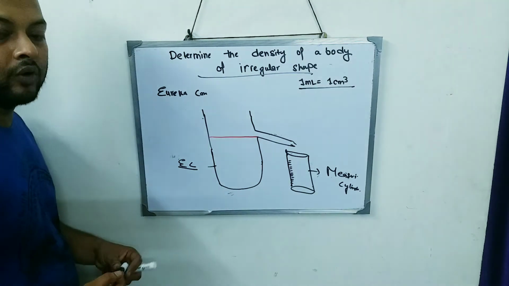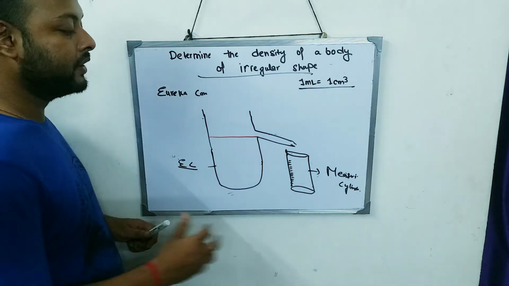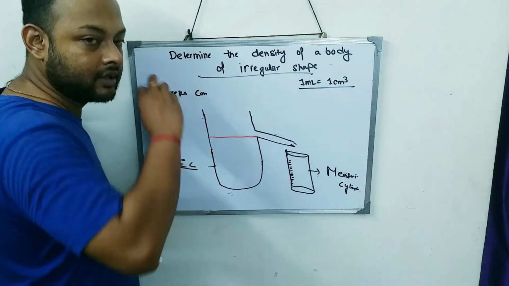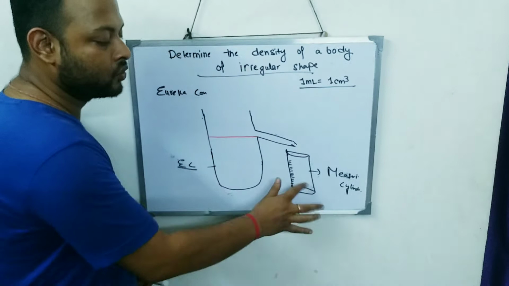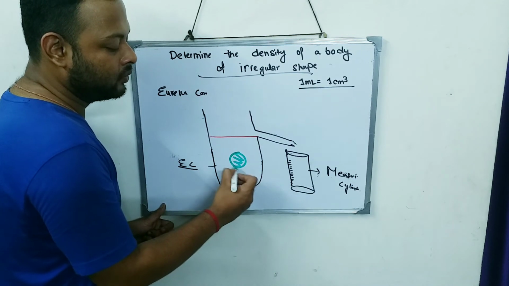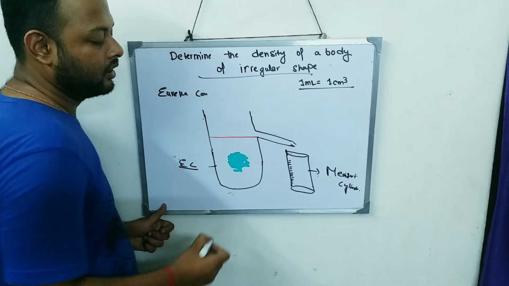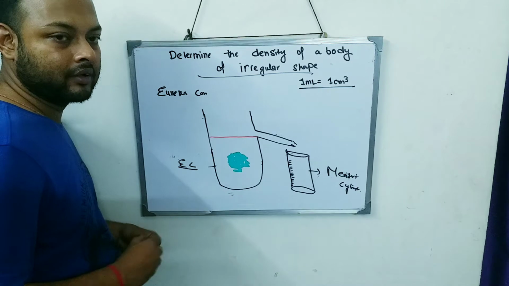Now see, what I will do over here is that I'll again take the same stone. Initially inside the measuring cylinder there is no water. Now as I drop the stone of irregular shape inside the Eureka can, what will happen?